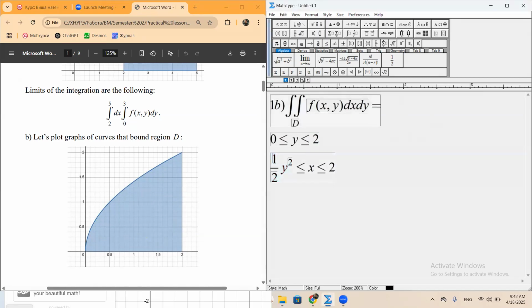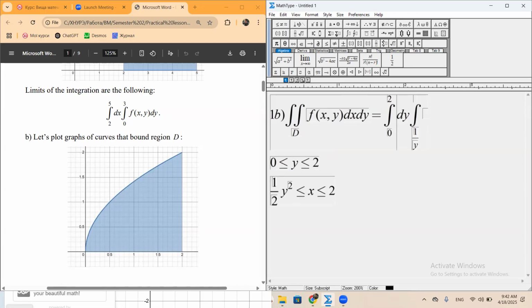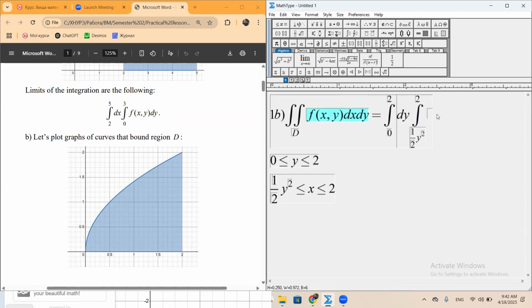So the limits of integration will be the following: from 0 to 2 dy, and inner integral from 1 over 2 y square to 2. Any questions about this exercise?